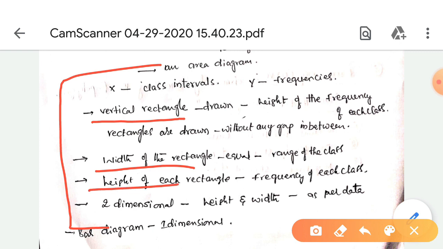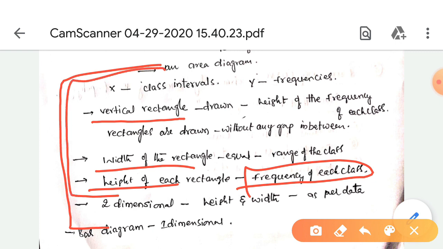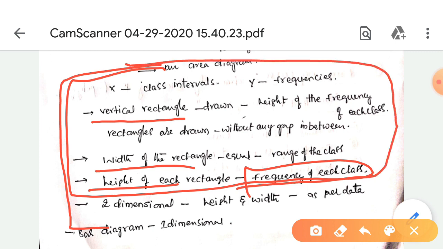The height of each rectangle will be equal to the frequency of each class. Remember, these characters will be similar to both the frequency polygon and the frequency curve.